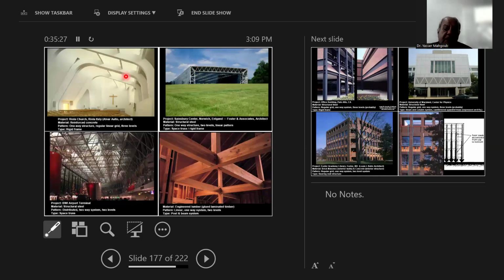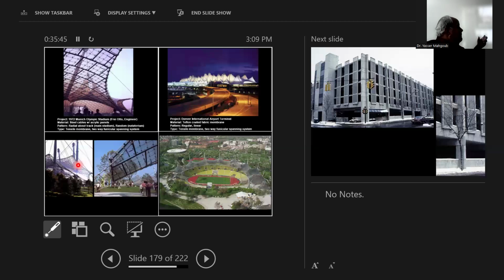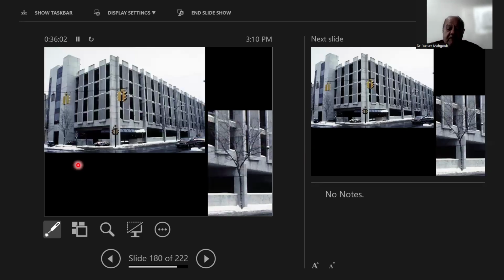So here we have frames, here we have space truss, here we have space frames, here we have wood. So the material and how it is employed in the project is not neutral. It changes the project. This is something we need to think about in our next project, how the stadium seats are covered by the tent structure and the columns suspending them.